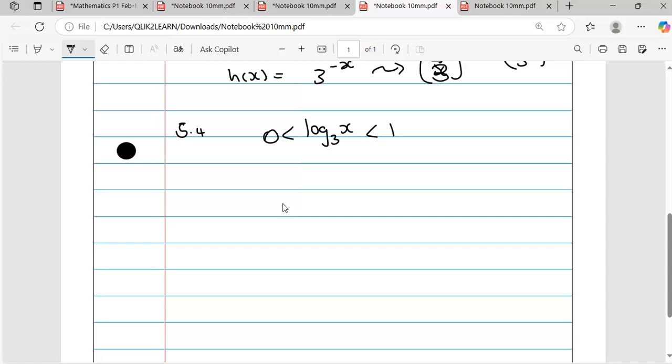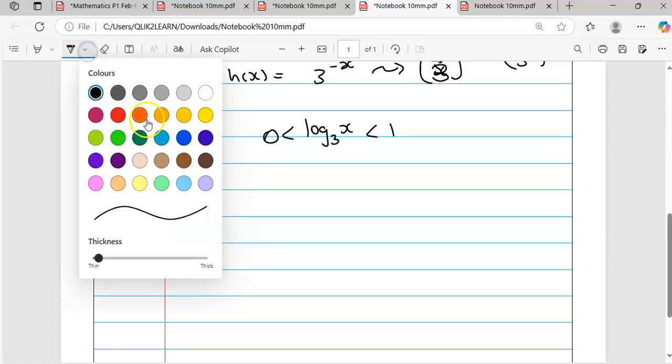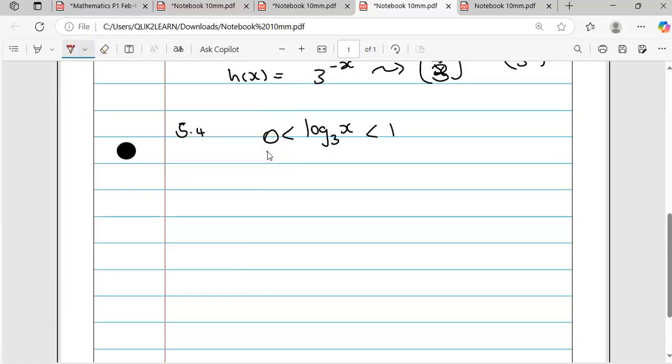Guys, this is easy, 2 marks. I'm just going to show you how you can work this thing out. First thing first, focus on this number, this base. Make sure that everything is to the power. Let's say I have a to the power x.